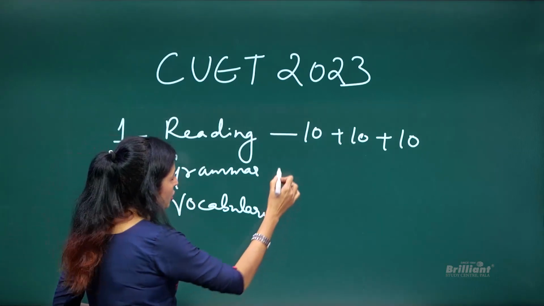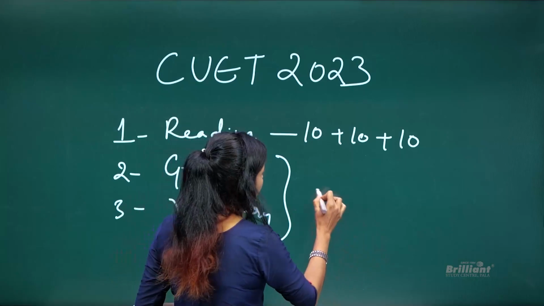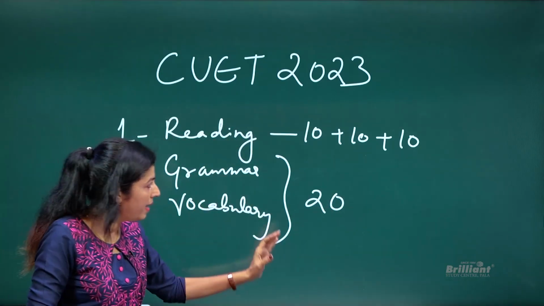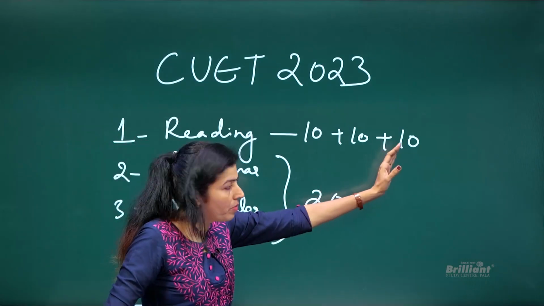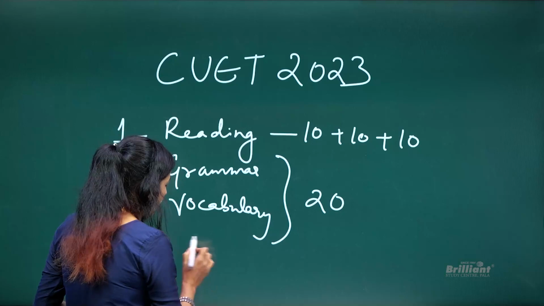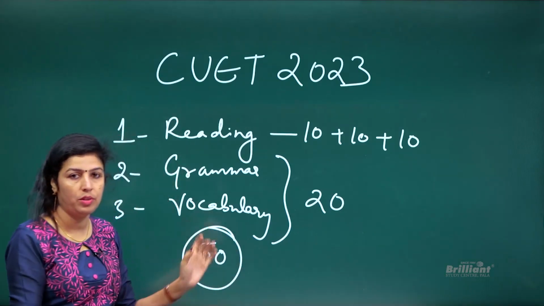And then together grammar and vocabulary, you will have 20 MCQs. So that makes 20 plus 30, 50. In short, a total of 50 questions is what you will be getting for the exam.